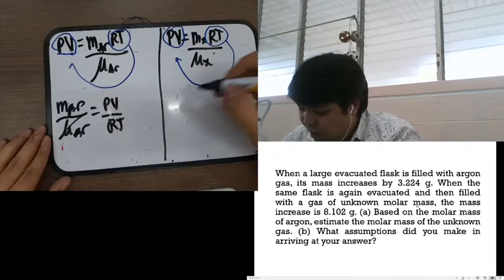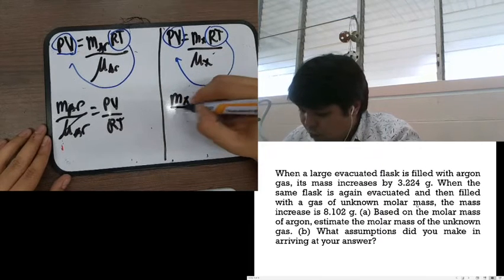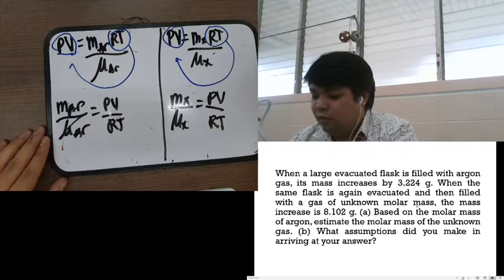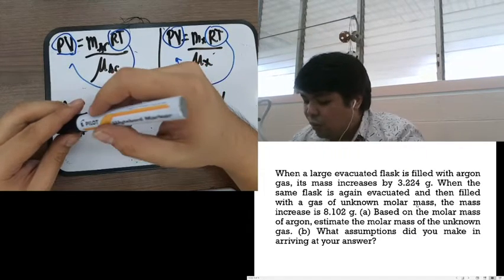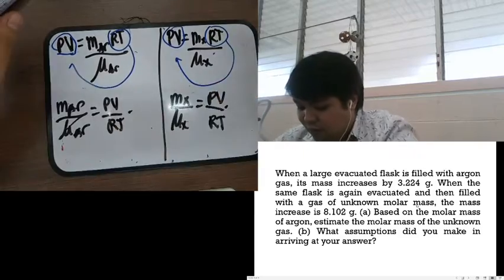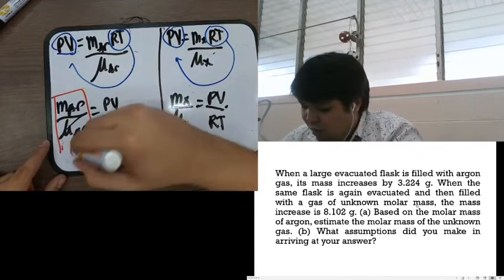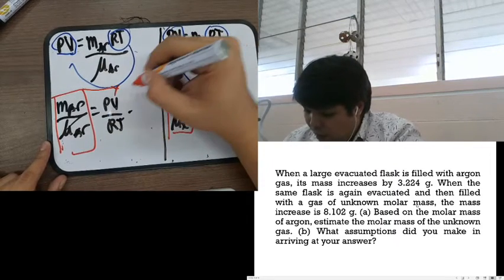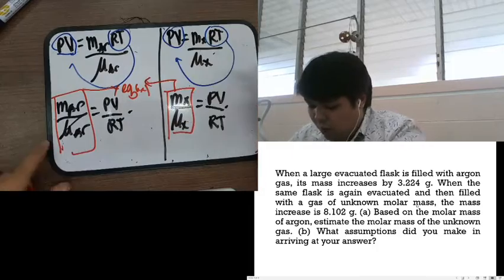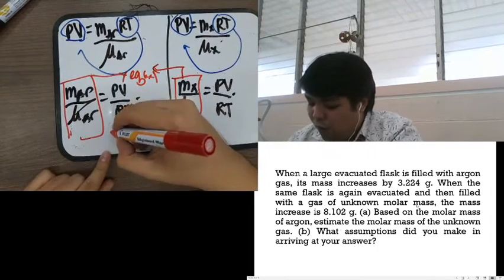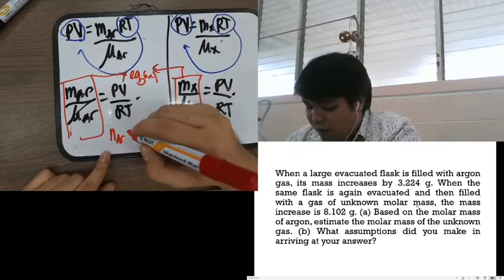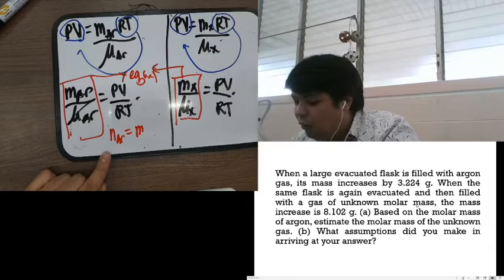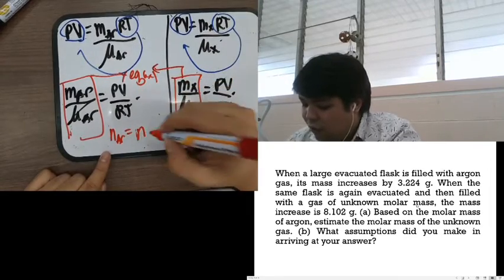The same goes with here. Since these are constant throughout the experiment, that means these two are equal to each other. Therefore, the number of moles of the argon added into the flask is equal to the number of moles of the gas X added into the flask.